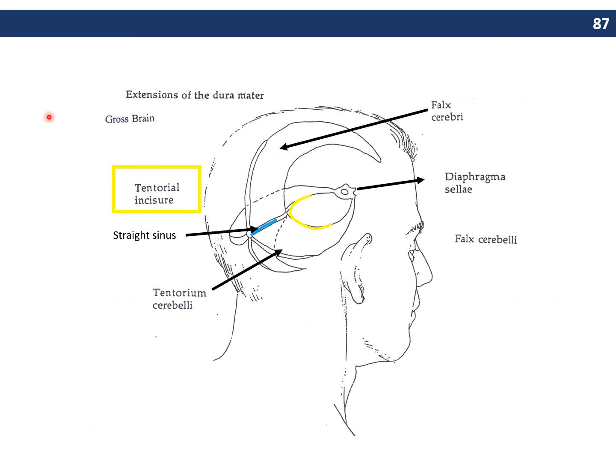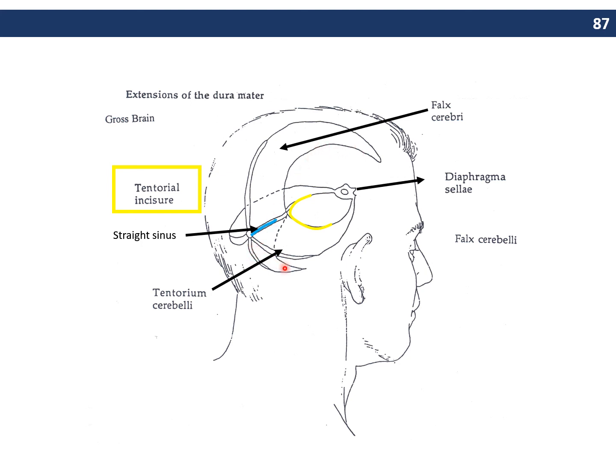Here again is another picture of those dural reflections. The falx cerebri, that sickle-shaped structure, the superior part of which creates the superior sagittal sinus, and the inferior part is the inferior sagittal sinus.